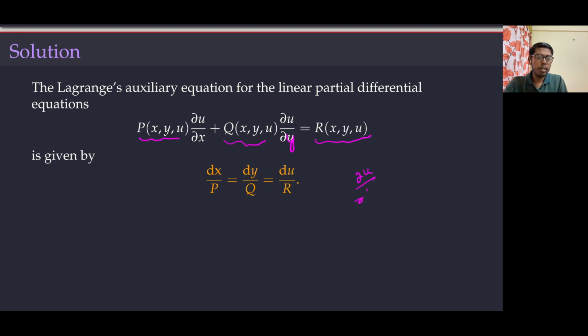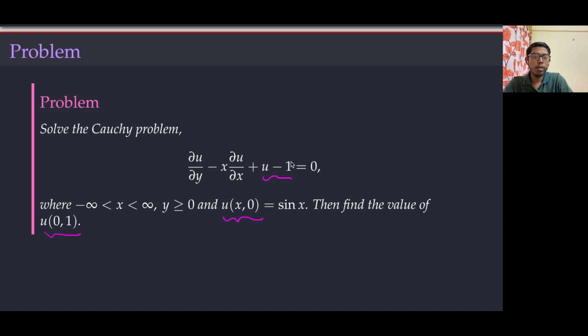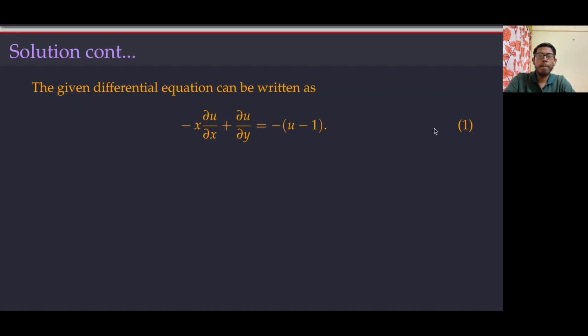I can rewrite the differential equation as minus x del u by del x plus del u by del y equals minus of u minus 1. So here P equals minus x, Q equals 1, and R equals minus of u minus 1.